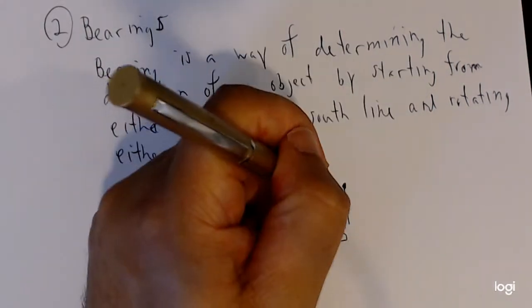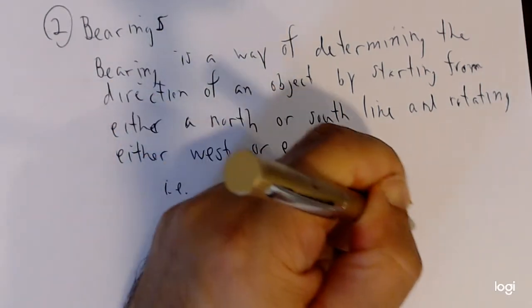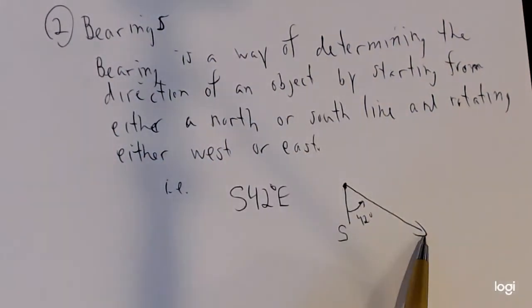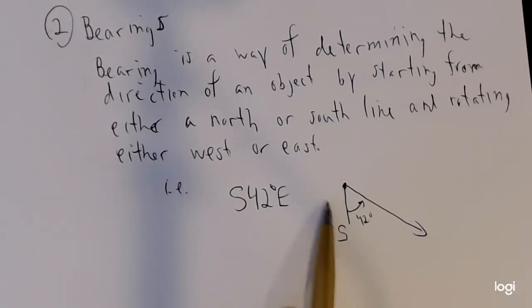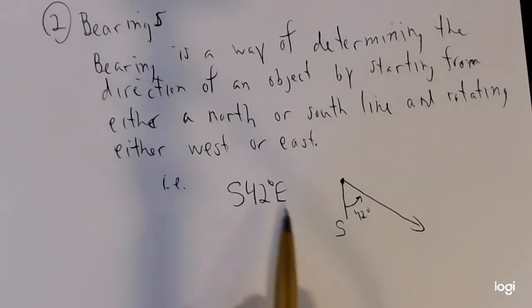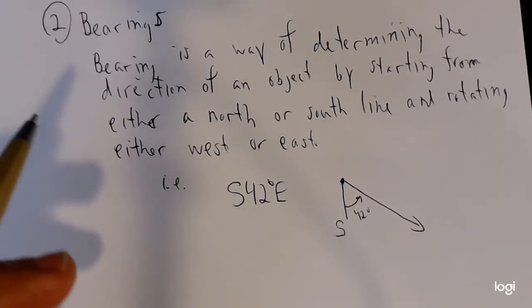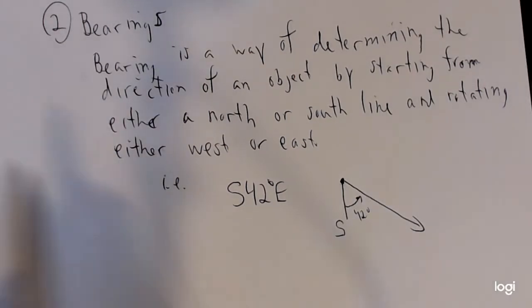That's the direction that the object is moving in. Now if it was 42 degrees west, I would rotate that way, and so on. Whenever you see this kind of notation, that's bearing notation, which is telling you how to rotate to find the direction an object is moving in.